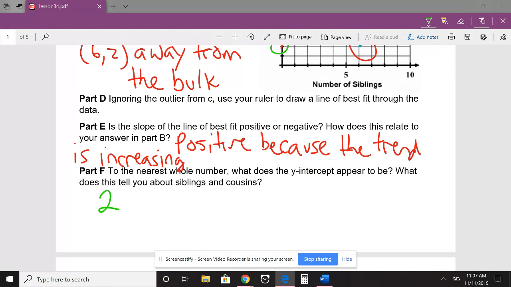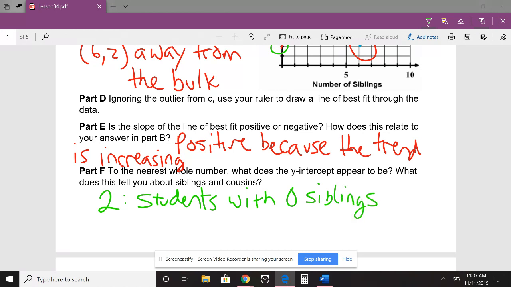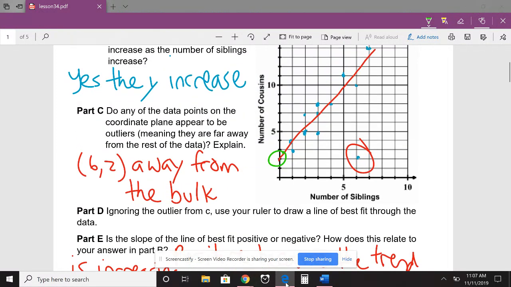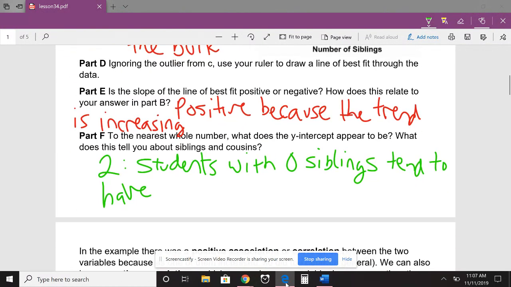So that means that students with no siblings tend to have, how many? Two cousins.